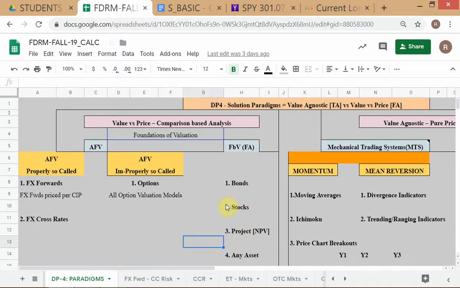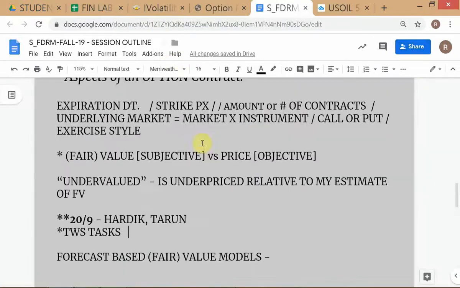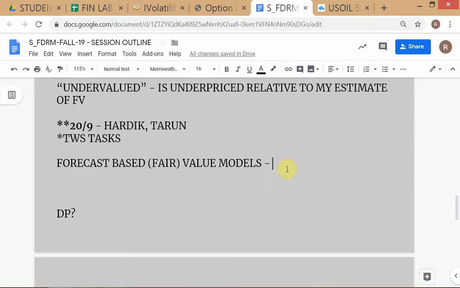Now the last thing I would mention when you're going to be doing this course with DG sir is, please understand that these forecast based valuation models are all based on the same thing. You're talking about NPV, Gordon growth model, etc., all this stuff, bond valuation.